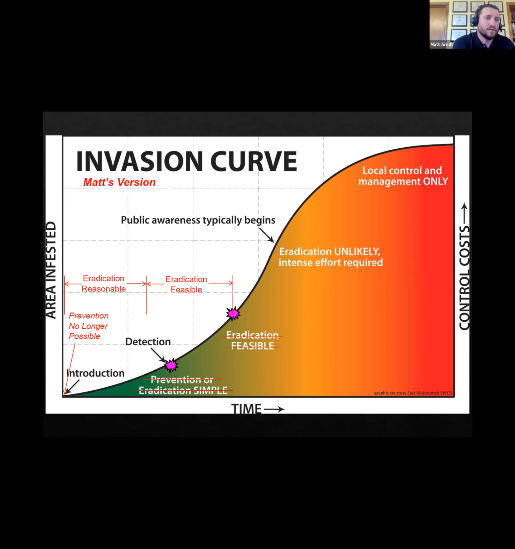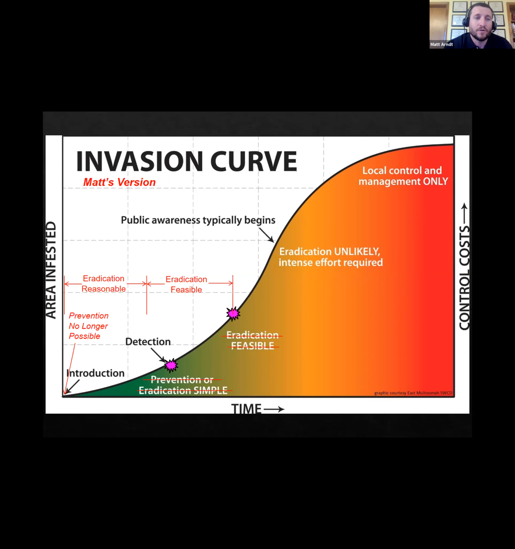The original version of this slide has that prevention or eradication is simple by the time it's detected. I disagree with the description of it being simple. Prevention is no longer possible as of that first population that's introduced, whether it be by an escape or an intentional introduction, whatever the case may be. The prevention option is no more. I would characterize eradication as reasonable.